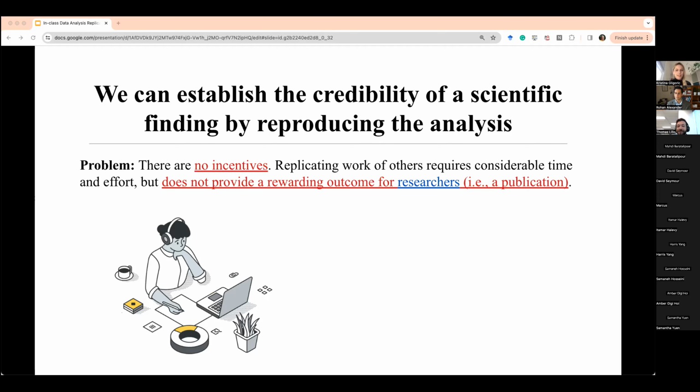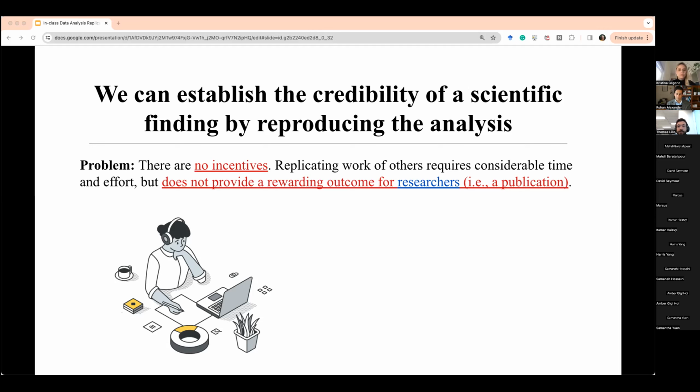When we replicate the work of others, that takes a lot of time and effort, but it doesn't really provide a good outcome, like a publication, because there is a presumed lack of originality. We are just working with someone else's data, so there is less originality and novelty. Ultimately, published replications are still relatively rare across fields, and more of an exception than a rule.